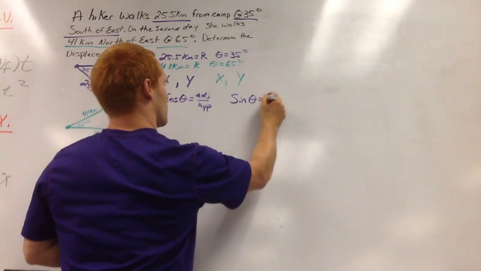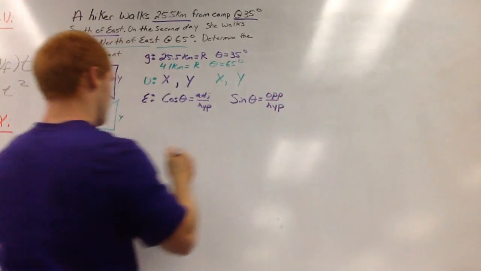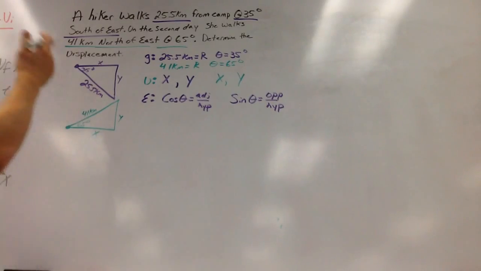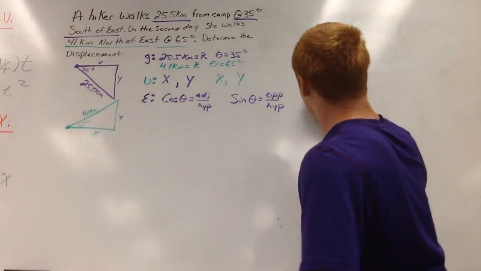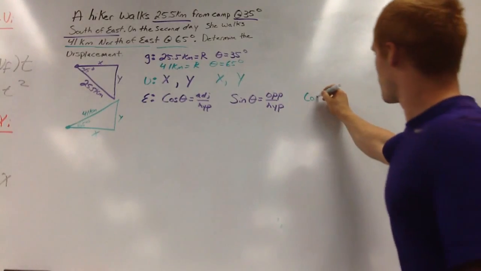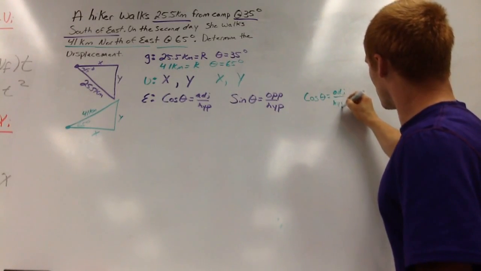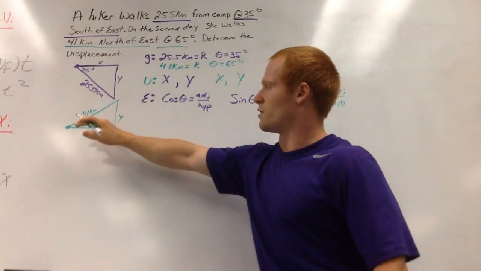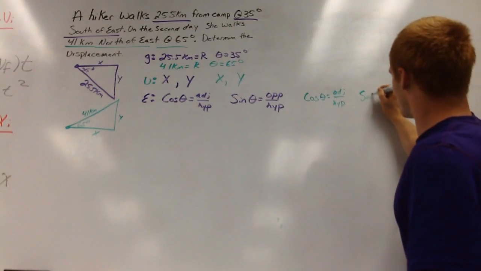Sine theta is opposite over hypotenuse. Triangle 2, hypotenuse, theta, solving for adjacent, so we're going to use cosine again. And then for y, we have resultant or hypotenuse, theta, solving for opposite, so we use sine again.